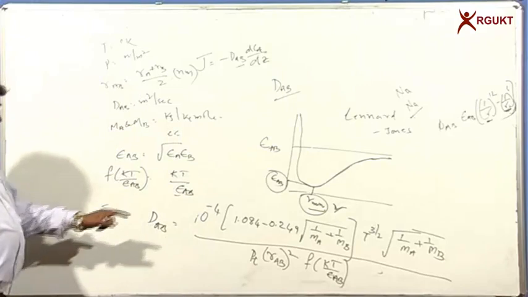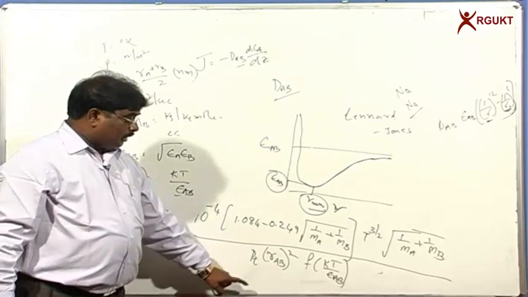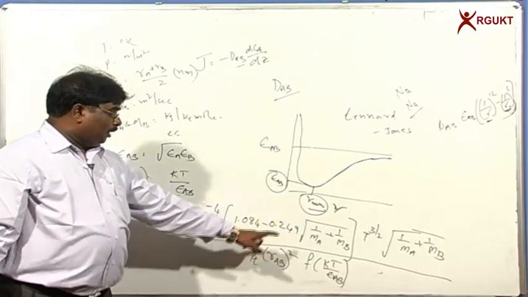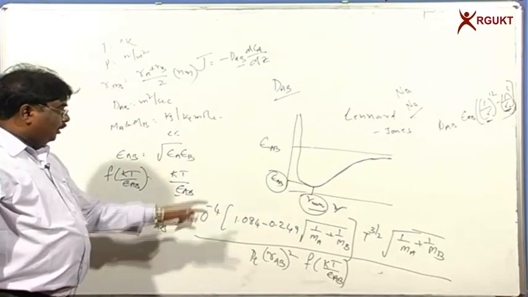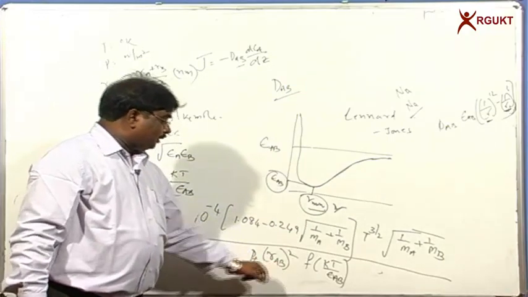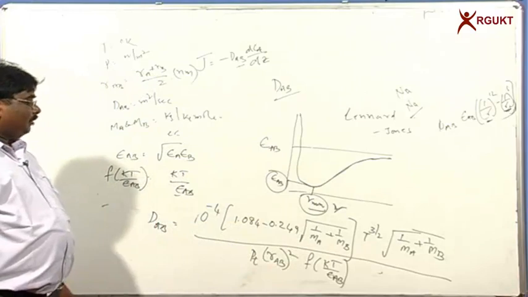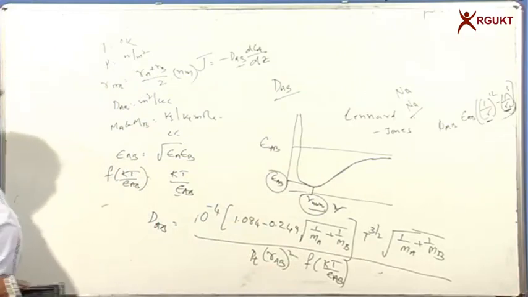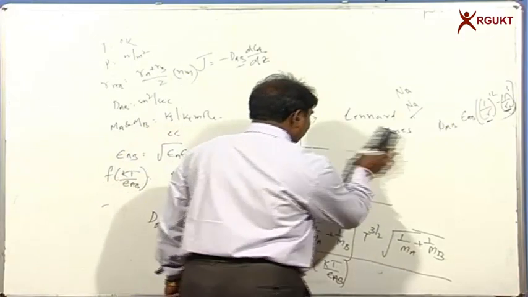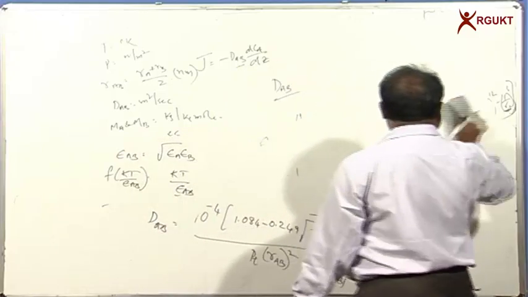So now if I know the temperature, the pressure, the molecular weights, and the Lennard-Jones potential constants, then one can estimate the diffusion coefficient of component A in B, and this equation can be used for the calculations of your diffusion coefficients.